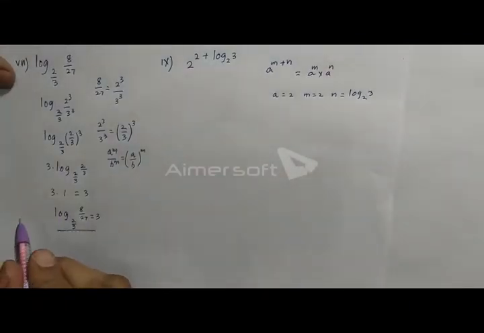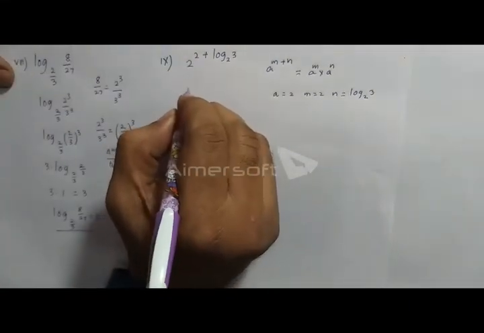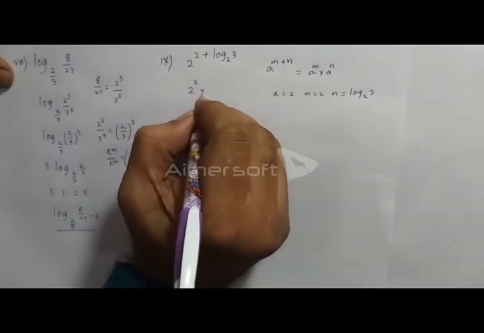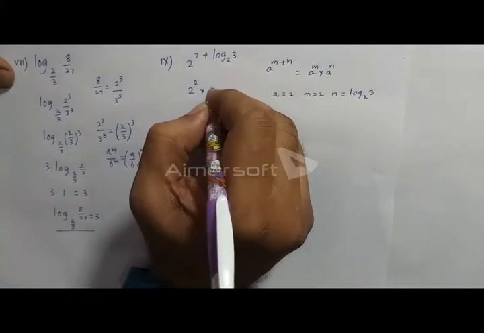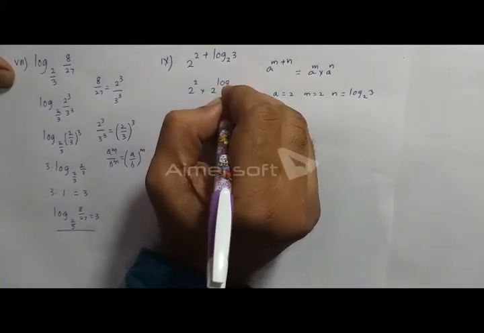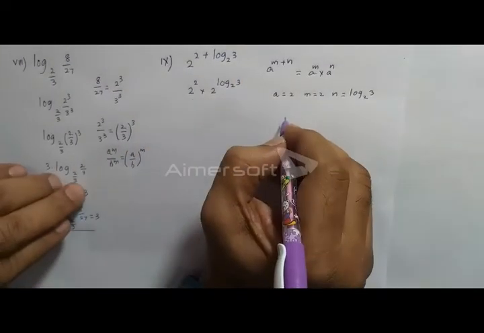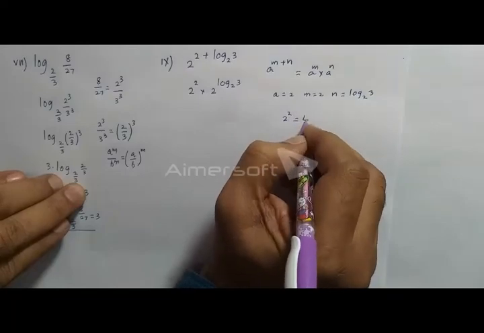Okay, we have to write as 2 square into 2 power log 3 base 2. Can we write 2 square as 4?